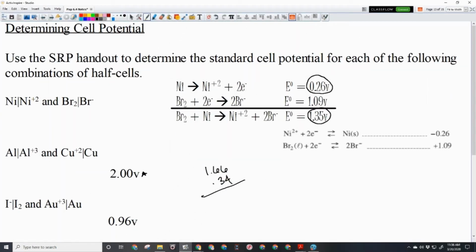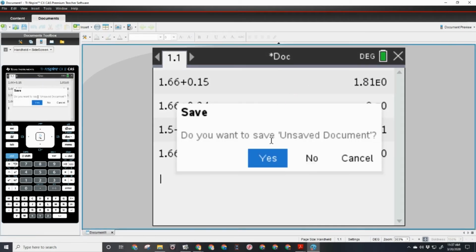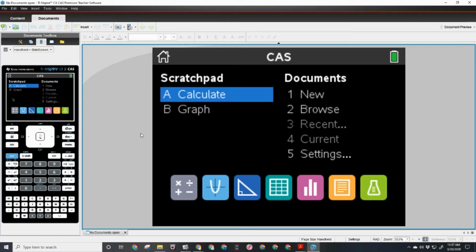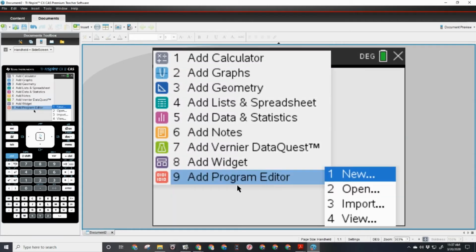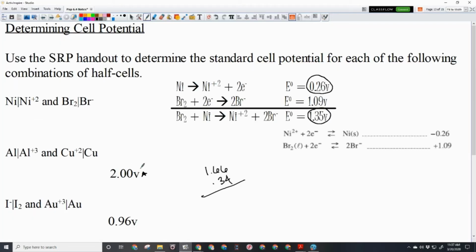Okay, so we want to add those two together. 1.66 plus 0.34. We get 2.0. All right, so 2.0 is the correct answer that we wanted. So it matched our answer here.